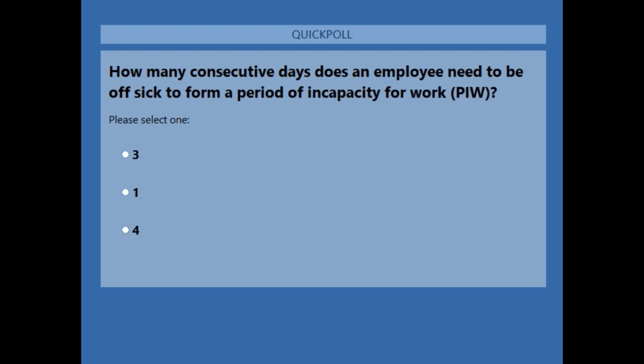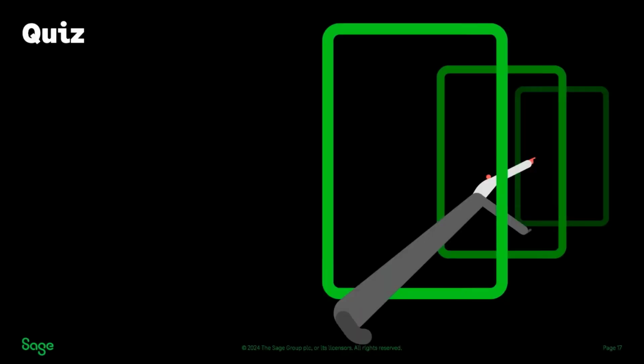Or is it 4 days? So vote in the poll and send your answers through. So again, we're just ticking over to 80% of you voted. So we're going to close that one down. And let's see how you got on.